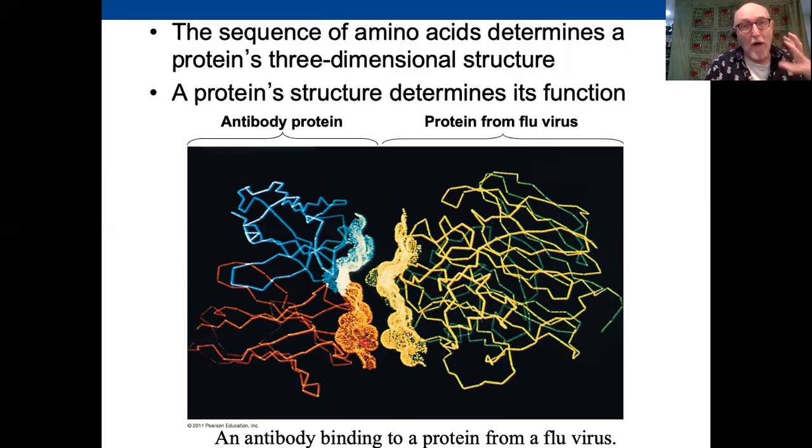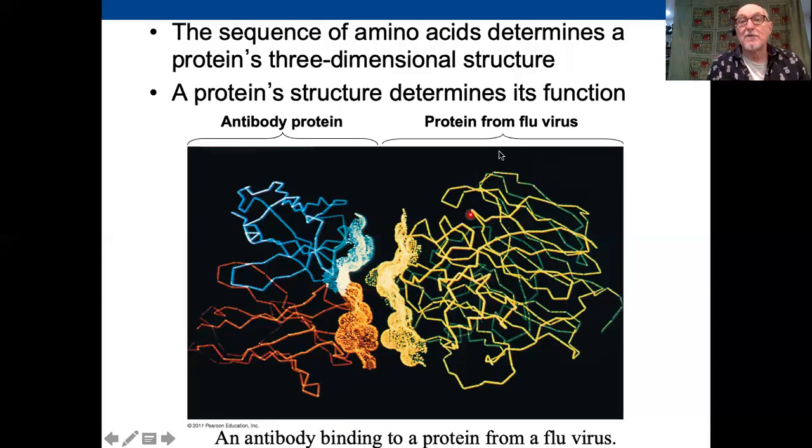And it acquires its specificity because, first of all, of the shape that surface adopts, but also because of the reactivity of the different side groups that are now exposed here and can interact with this protein. And what happens in the body is that these two bind together.